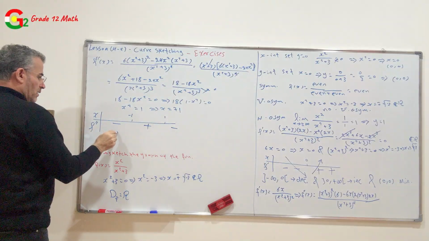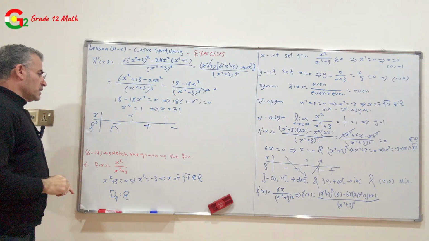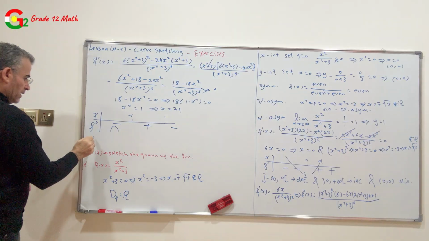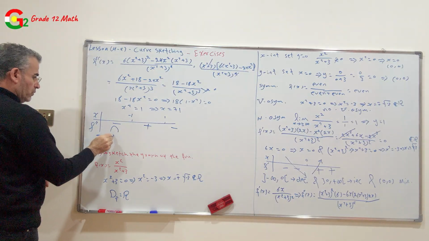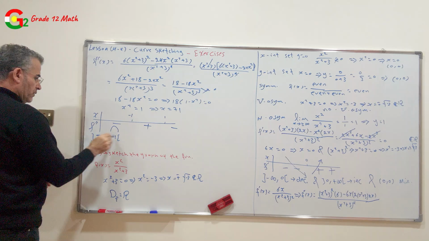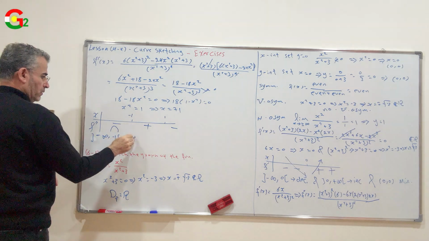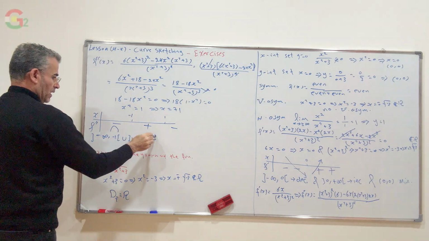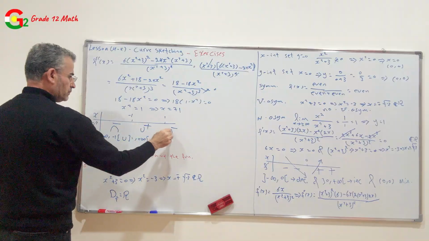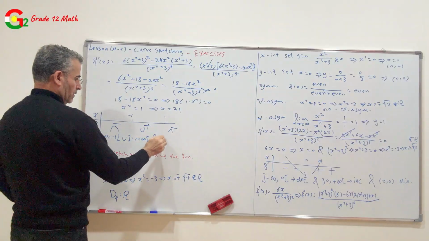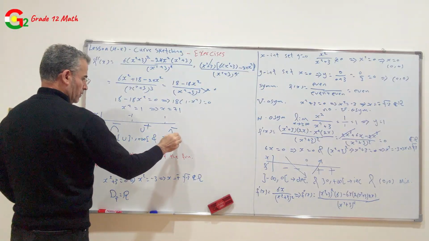Then the function is convex from negative infinity to negative 1, union 1 to positive infinity, and the function is concave in the interval negative 1 to 1.